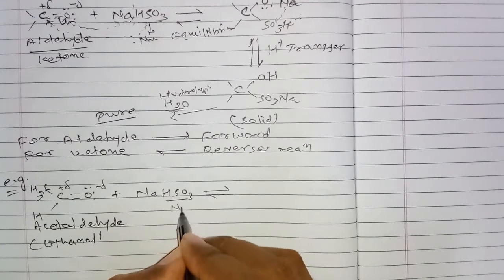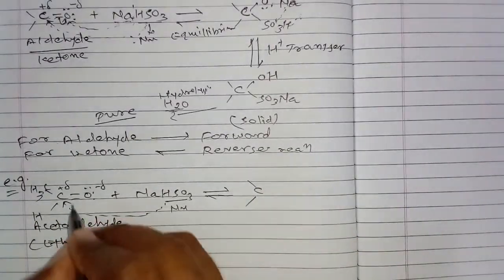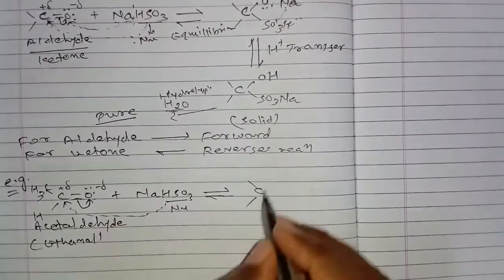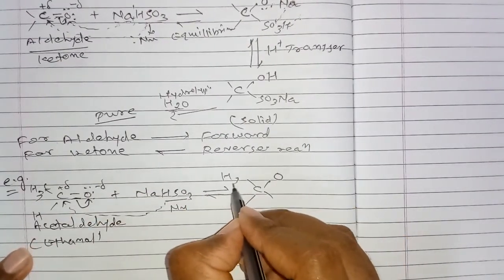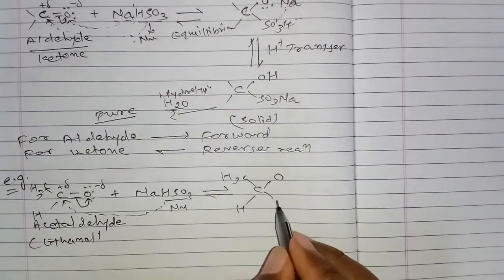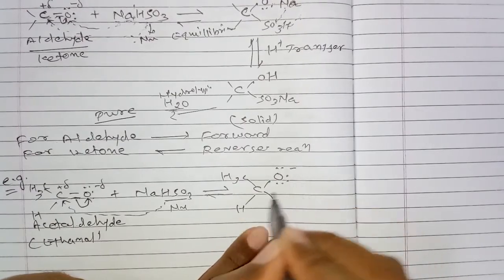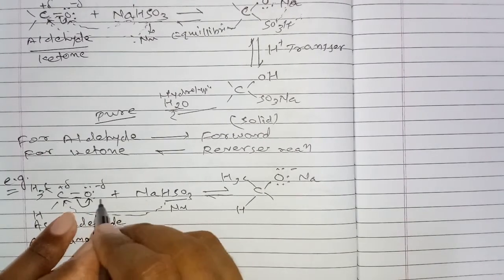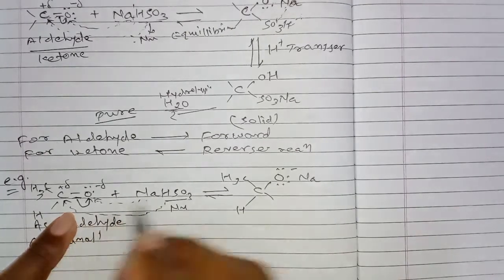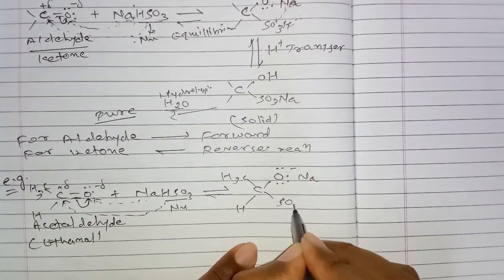HSO3 will be the nucleophile, which attacks on the carbon. This will be converted to a single bond, CH3 and H will remain as they are. Now oxygen has 3 lone pairs of electrons and a negative charge, and the sodium will be attached with the oxygen, and here SO3H.